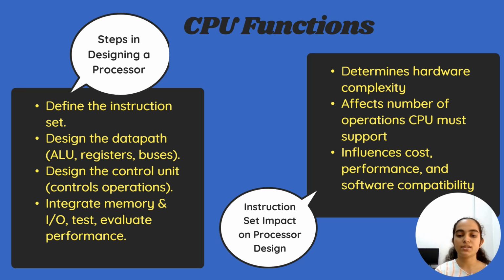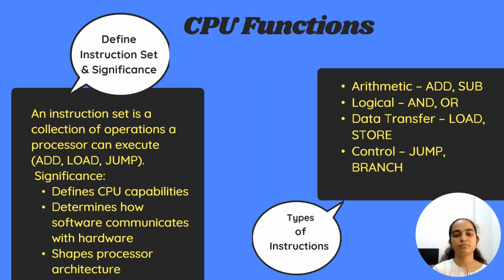Next, instruction set impact on processor design: it determines hardware complexity, affects the number of operations the CPU must support, and influences cost, performance, and software compatibility. Define instruction set and significance. An instruction set is a collection of operations a processor can execute.